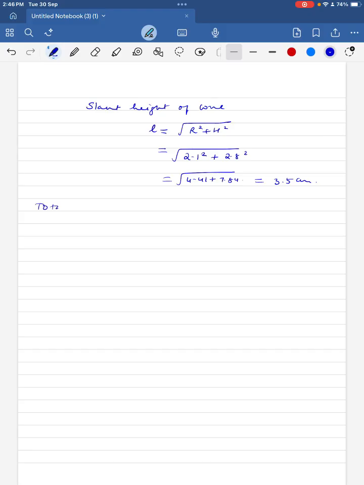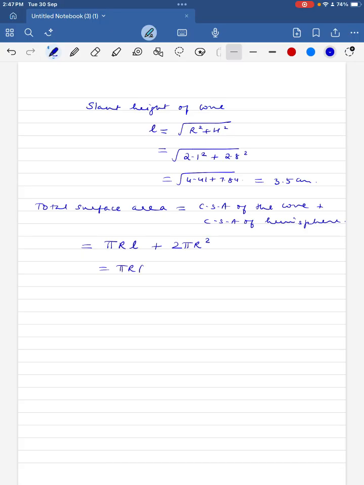So in order to find the total surface area, we need to add up the curved surface area of the cone and the curved surface area of the hemisphere. So let's use the appropriate formula for it. The curved surface area of cone is pi r L plus the curved surface area of hemisphere is 2 pi r squared.